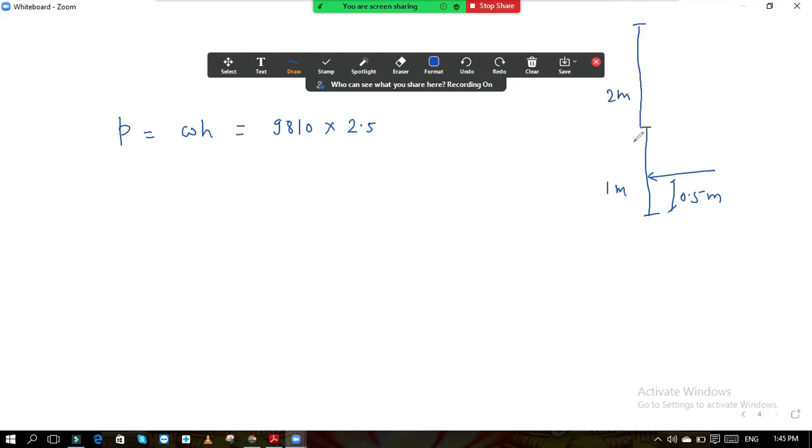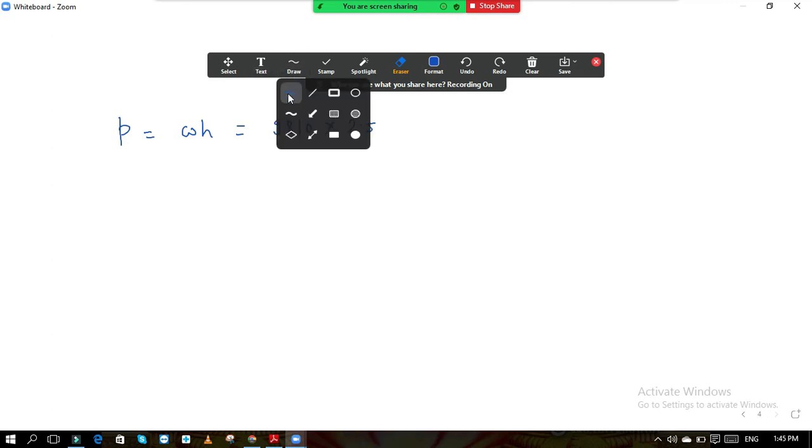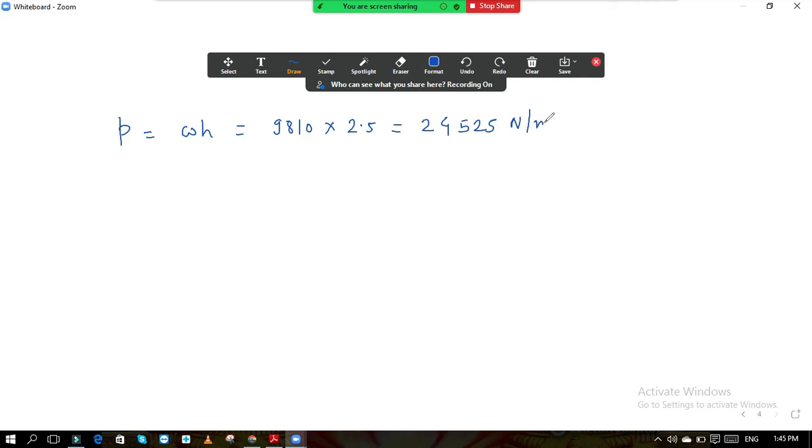If the total is 3 meter and this is 0.5, then the remaining is 2.5 meter, so that is considered over here. So 9810 multiplied by 2.5, then we get the intensity 24525 Newton per meter square.